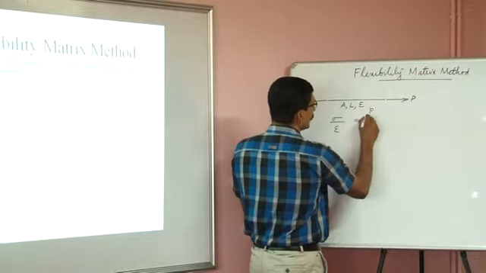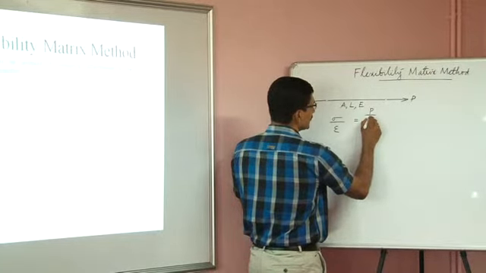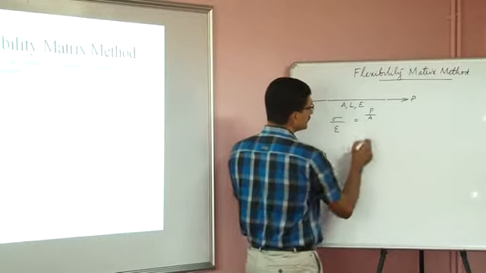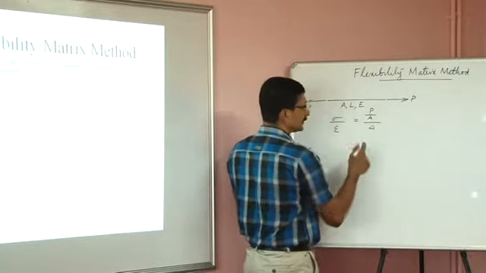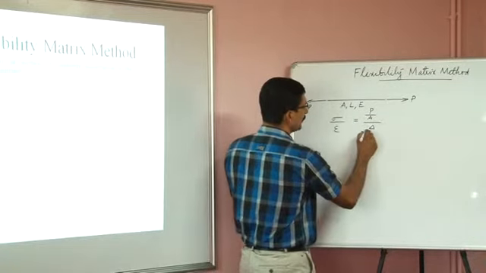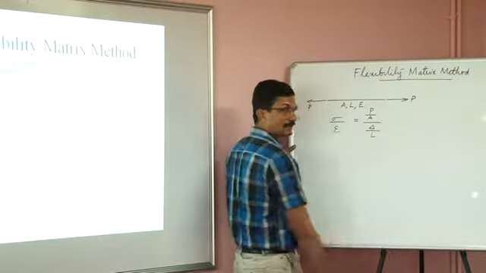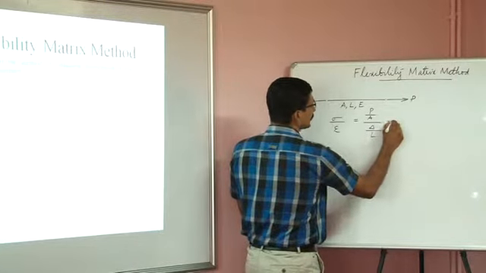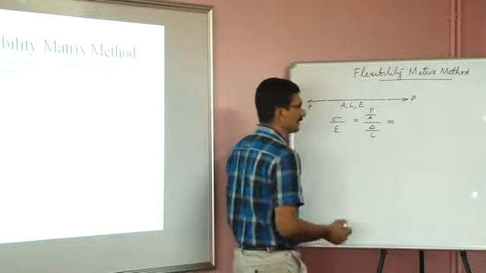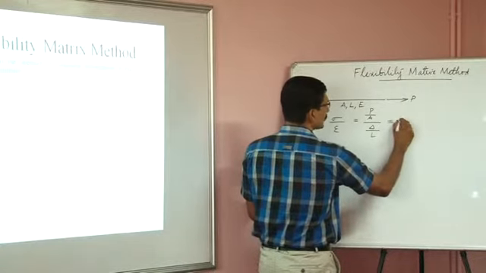Stress is equal to load divided by area of cross section, and strain will be delta, which is elongation of the member, divided by original length. This ratio is equal to a constant, and that constant is defined as Young's modulus. That is how Hooke's law is defined.